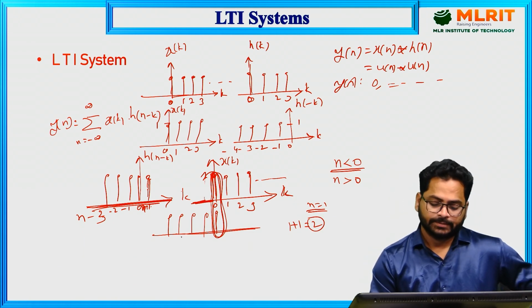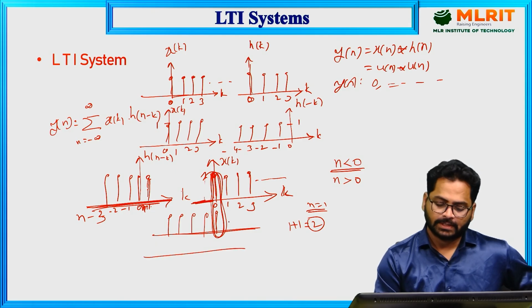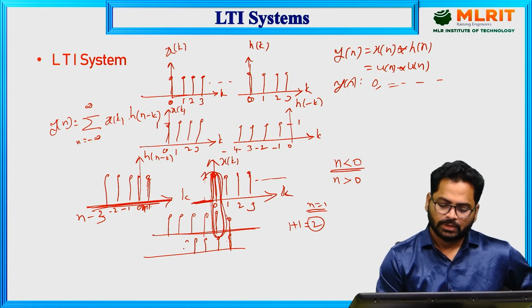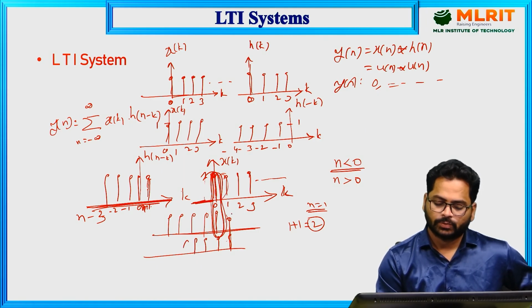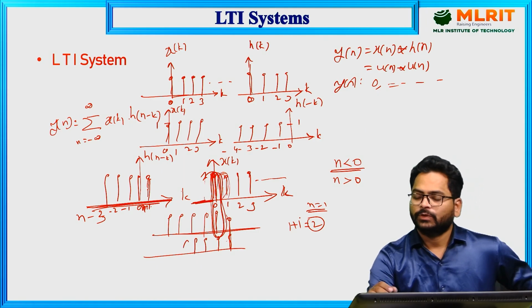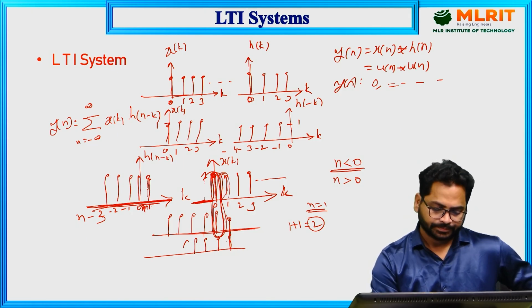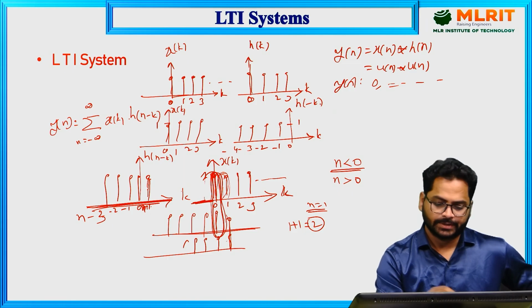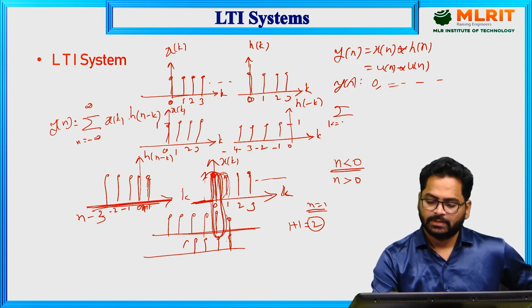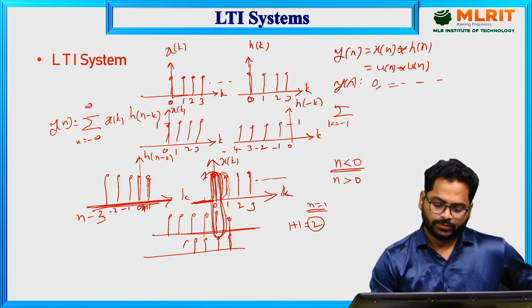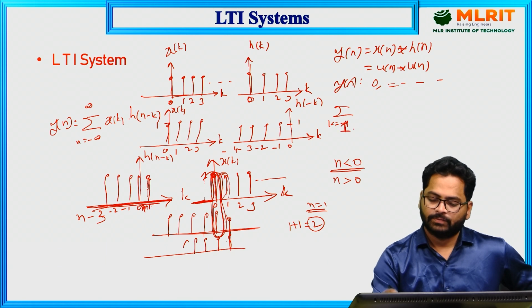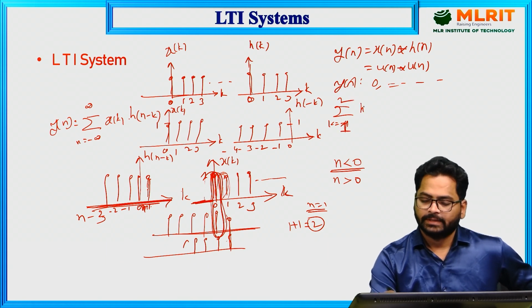The next one, if I shift to the second case, I get it like this. One more I'll add over here. So one more and one more. You multiply these two signals and add those products. So like this. Now the summation over k equals 0 to 1 of x of k, h of n minus k.